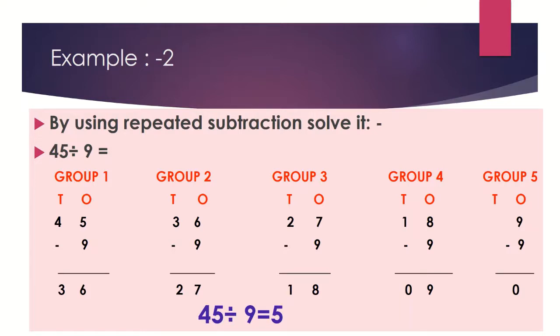Again we subtract 18 minus 9, we get 9. And again we subtract 9 minus 9, we get 0. So we are subtracting 9 five times to get 0. Or we can say that 45 divided by 9 is equal to 5.